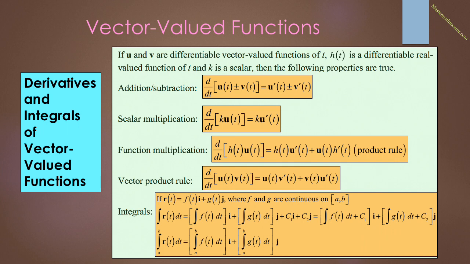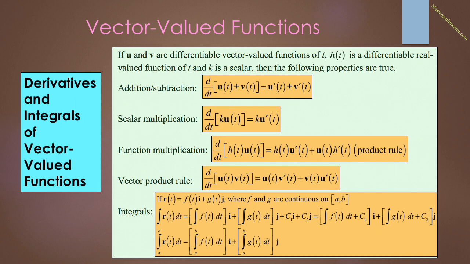When we integrate, though, we must remember that we have constants. So we will have a c1 i plus a c2 j. So the answer is best expressed as the integral of f of t dt plus c1 i plus the integral of g of t dt plus c2 j.